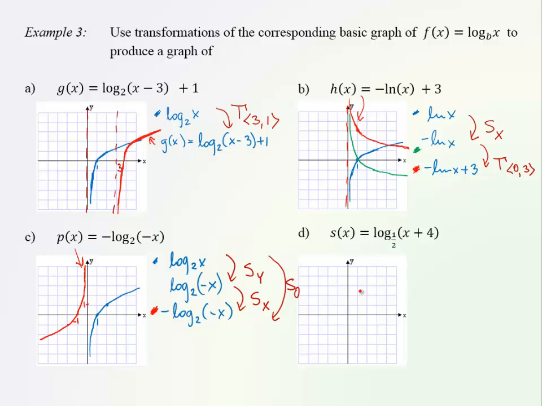And the last example, let's start with log with base 1/2 of x. And then the next step will be already our s of x, which is log base 1/2 of x plus 4, which means we need to apply translation by the vector (-4, 0).